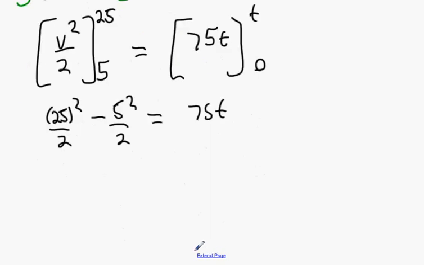I think that's going to turn into 300 equals 75t. Bring the 75 underneath. T equals 4. You okay? Alright with that, guys? T equals 4.